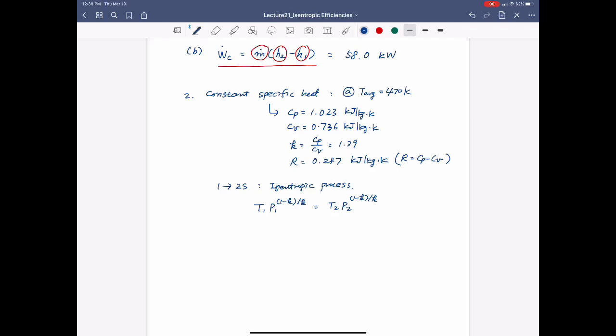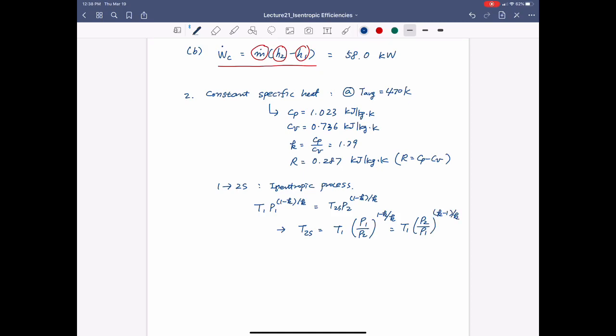So from this relation, we can calculate T2S as T1 times (P1 over P2) to the power of (1 minus k) divided by k, or T1 times (P2 over P1) to the power of (k minus 1) divided by k.